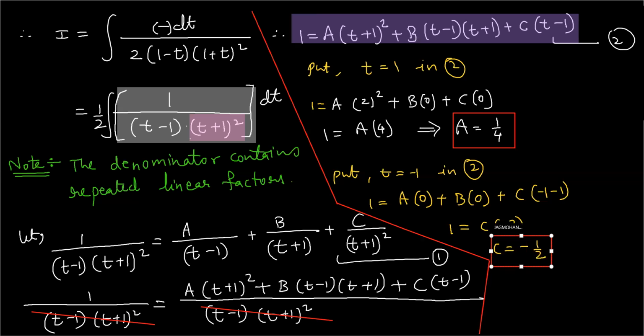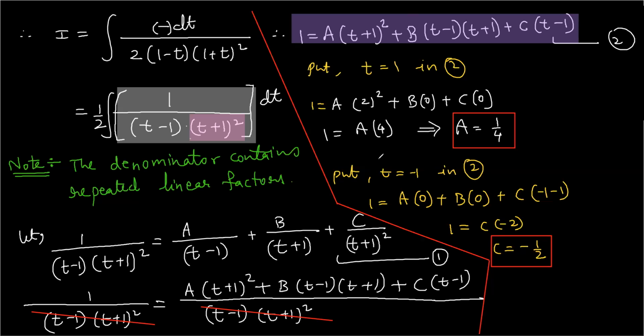Very good. Now I have to select the next value for T by which I get the value of B. I substituted T as 1 and got A. I substituted T as minus 1 and got C. Now which value of T do I choose so that I get the value of B?